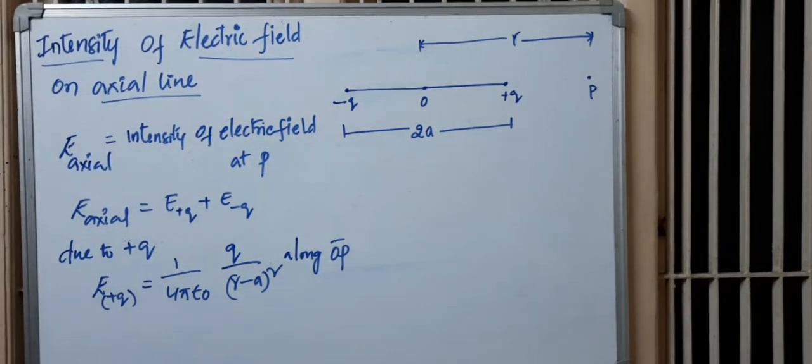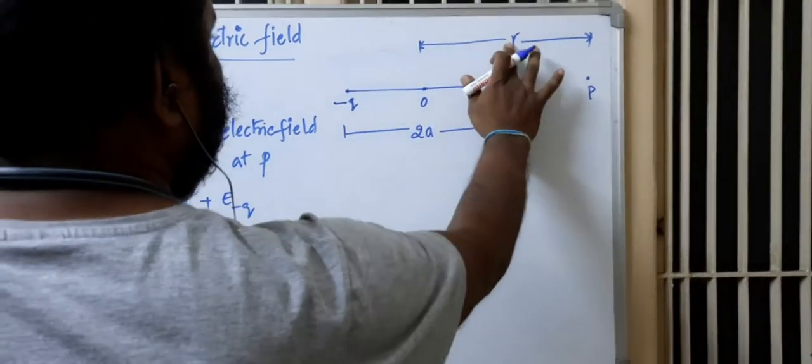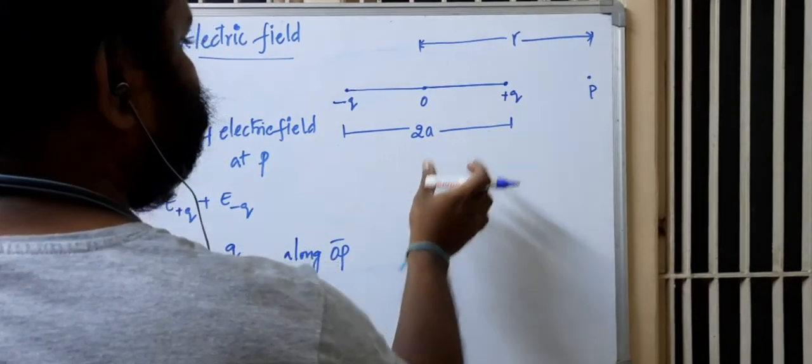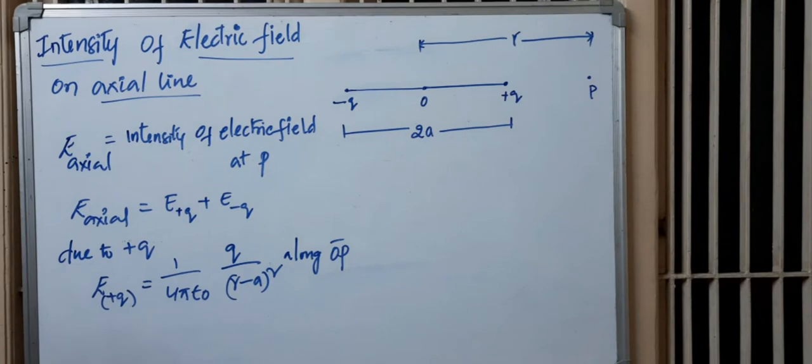You already know electric field is equal to the constant into Q1 Q2 by r square. So here r square will be (r minus a) whole square. See this one: from here to here it is r, from here to here it is a. So (r minus a) whole square.